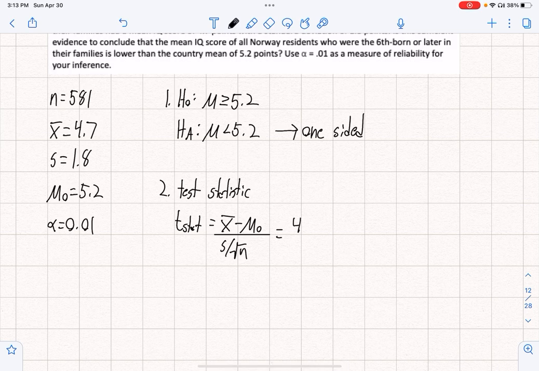Our x bar was 4.7 minus mu naught, 5.2, divided by s, 1.8 over root n, so square root of 581. I get negative 0.5 divided by 0.075, and I get a value of negative 6.67.